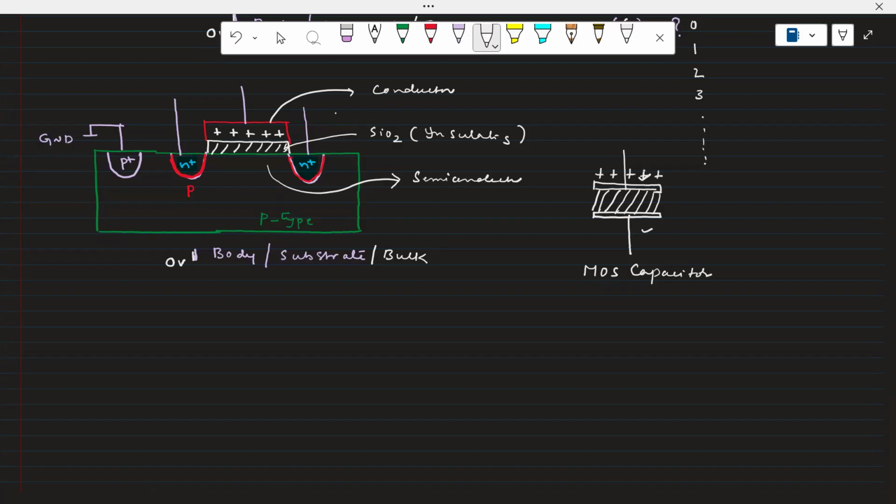Can anyone help me? From the capacitor action, an equal and opposite charge will be induced on the other plate. A negative charge will be induced on the other plate. Why? Because an electric field exists, and because of that electric field, a negative charge will be developed.